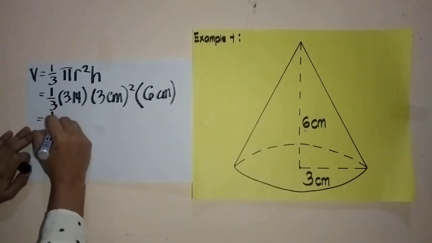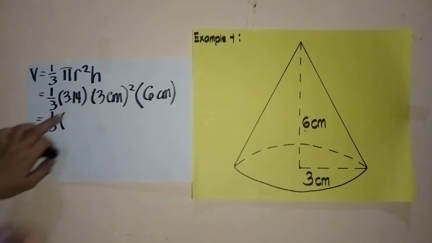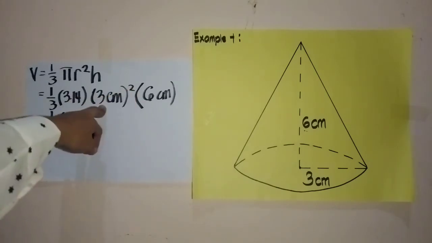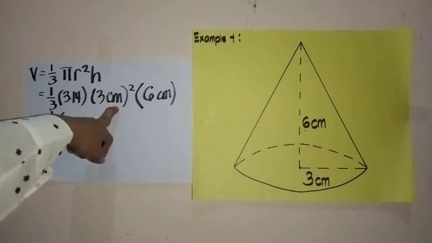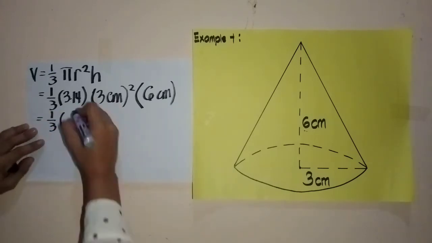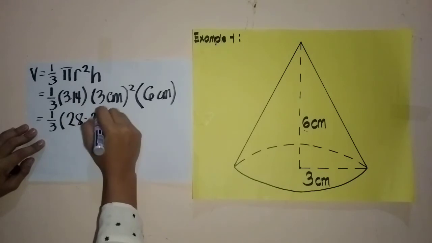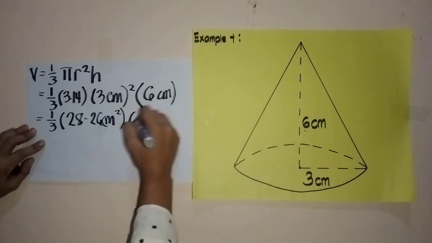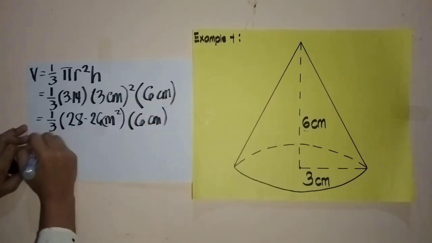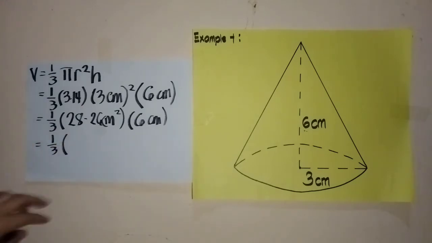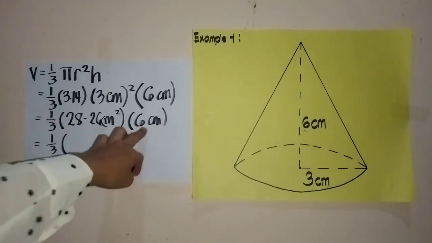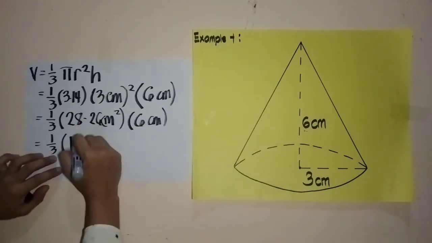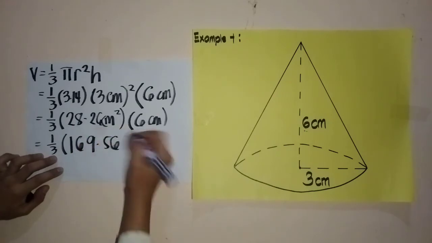So 1/3. 3.14 times 3 squared, which is 9. So 3.14 times 9 is equal to 28.26 square centimeters times 6 centimeters is equal to 169.56 cubic centimeters.